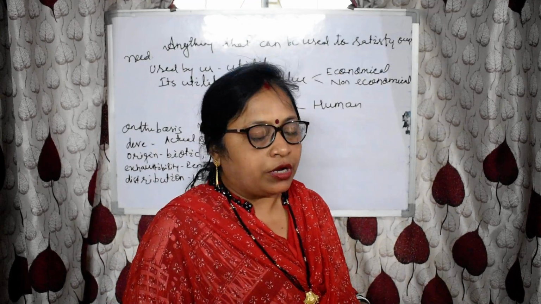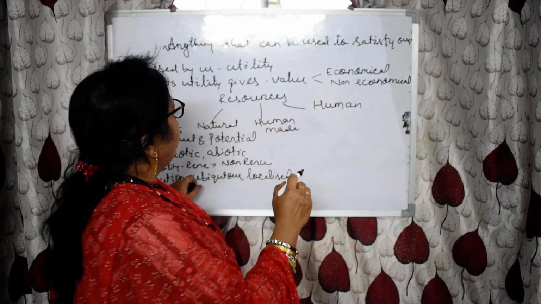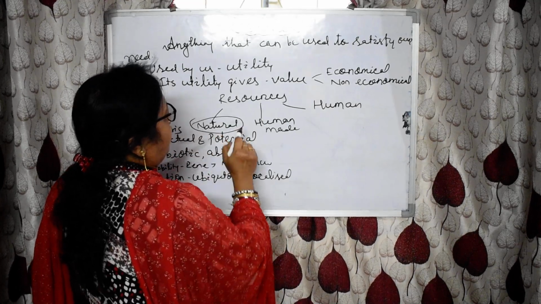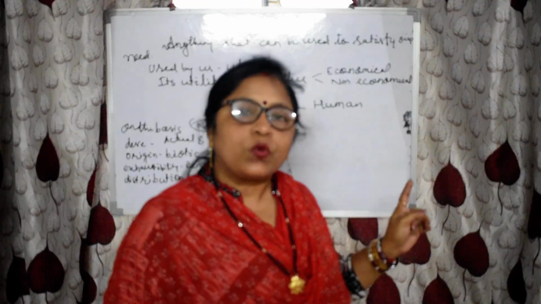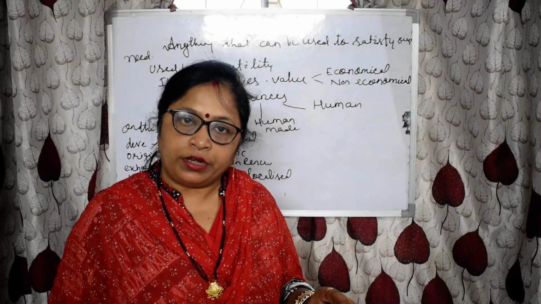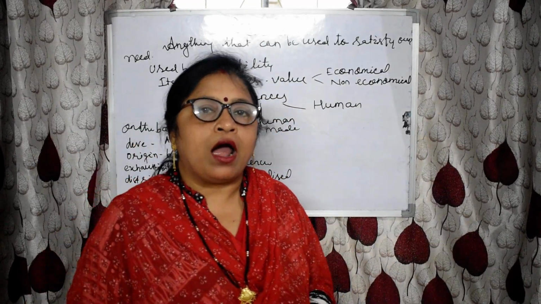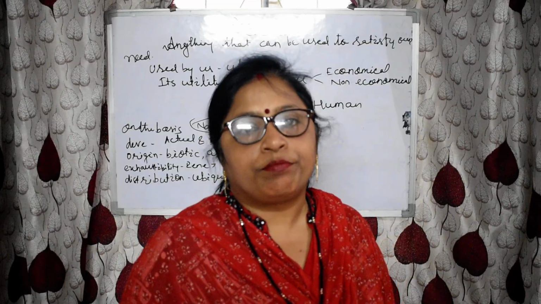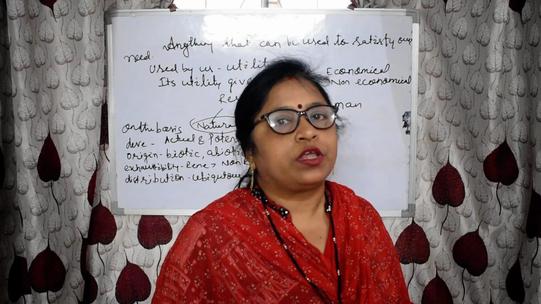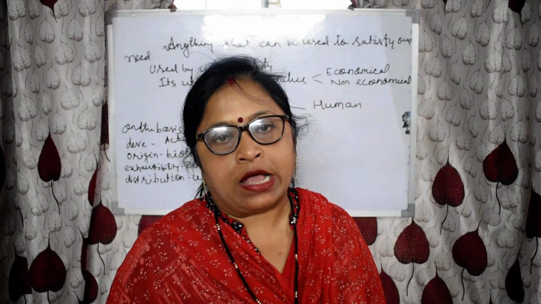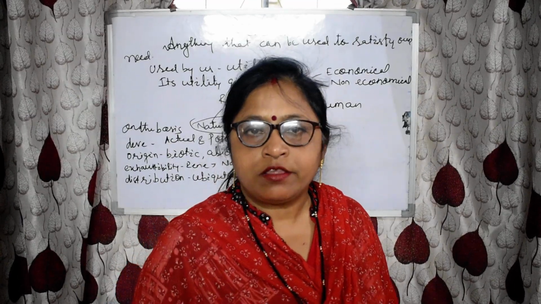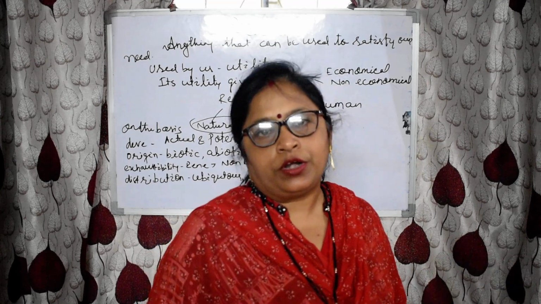First of all, today we shall read natural resources. Natural resources are those which we get from nature. We can modify them, but we are not producing them. This resource is provided to us by nature, that is known as a natural resource.